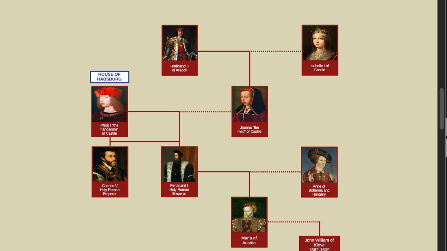Now, she was the daughter of Ferdinand II of Aragon and Isabel I of Castile. Together, they ended up uniting a lot of territories in modern-day Spain. Now, he reigned from 1479 to 1516, and he was the first one to sponsor Christopher Columbus in 1492.